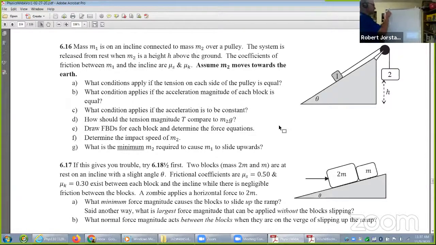Six point 16. Ramp's going the other way.